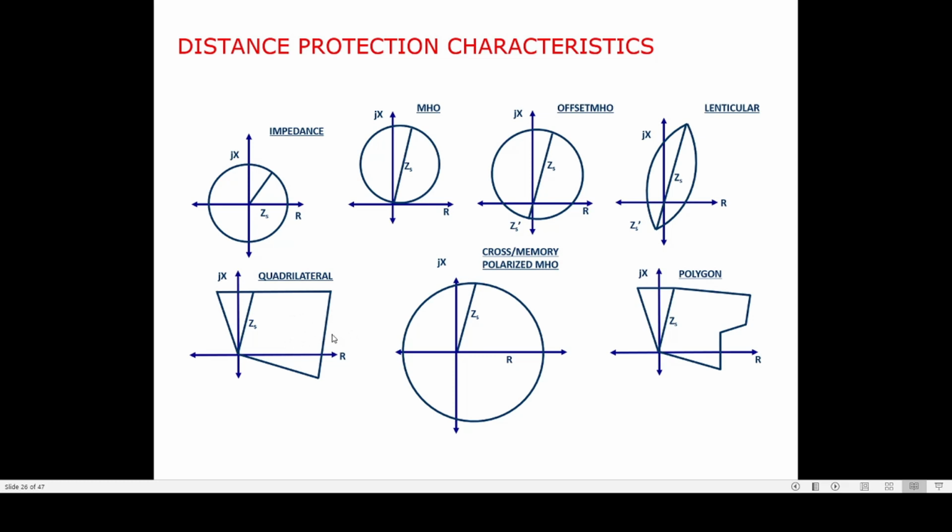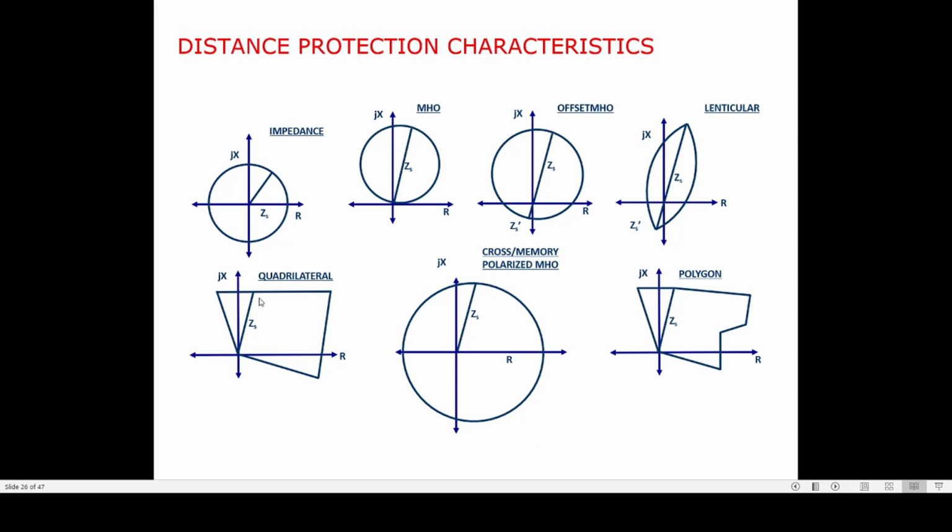So to avoid this, we can cut out a portion of this quadrilateral characteristic, and that cut out portion will be equivalent to the maximum load that can flow on that transmission line. And that characteristic, when it is drawn by removing the load characteristic from this quadrilateral characteristic, becomes the polygon characteristic.